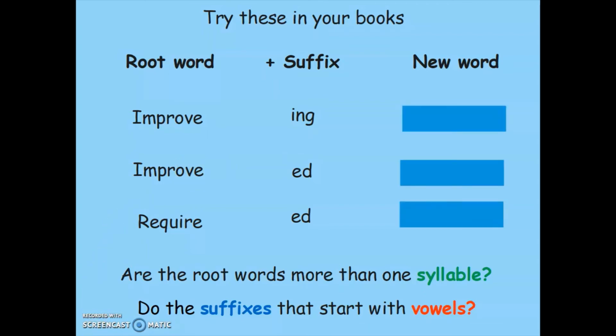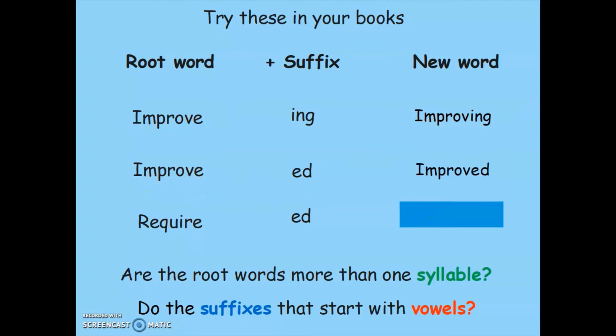Let's have a check to see whether you got those correct. So the first one, improve, ing, improving, but you had to lose the E before adding the suffix. Second one, you should have got improved. You had to lose the E, but then the suffix was ed.